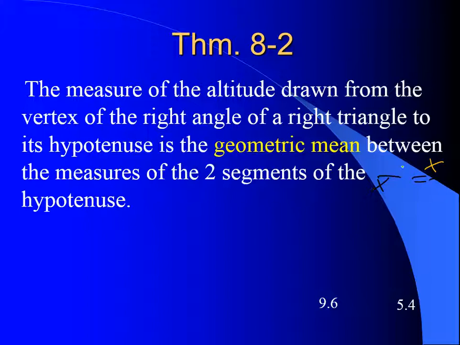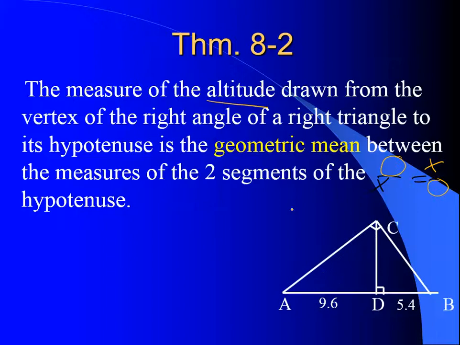Okay, it's the geometric mean between the measures of the two segments of the hypotenuse. So that hypotenuse is divided into two parts. We're going to put one part up here, one part down here, and we're going to find the geometric mean between those two. When we find that geometric mean, it is the altitude.